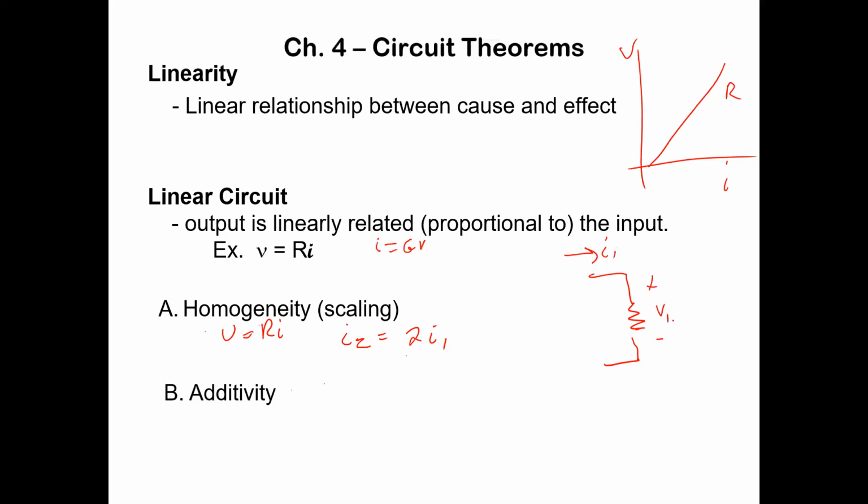Then if you apply another current I2, you get a V2. V2 is R times I2, and you can substitute I1 in there. It's R times 2I1, which gives you 2RI1, which gives you 2V1.